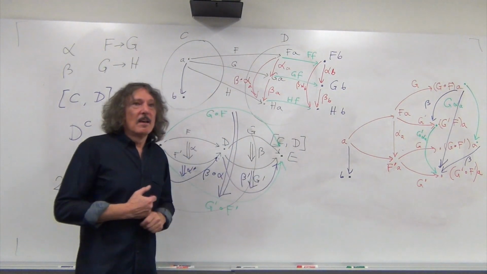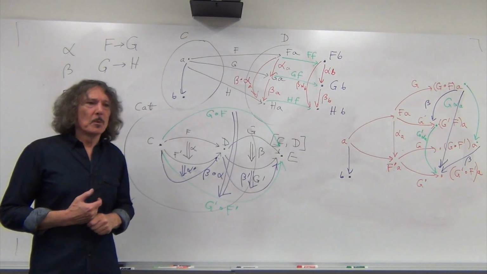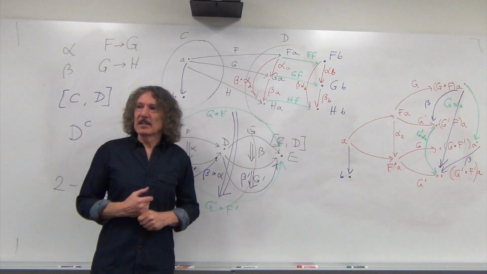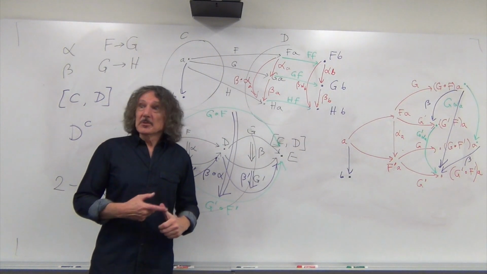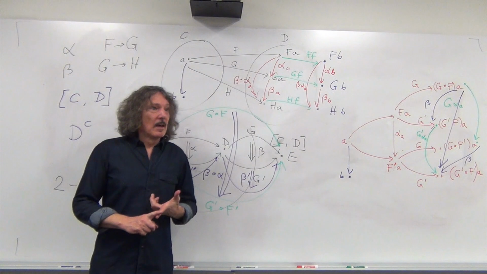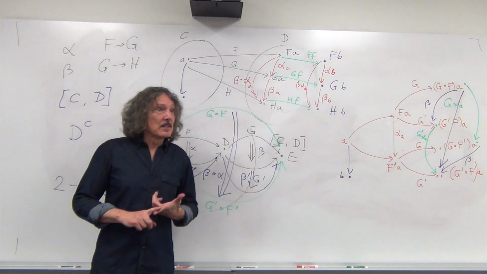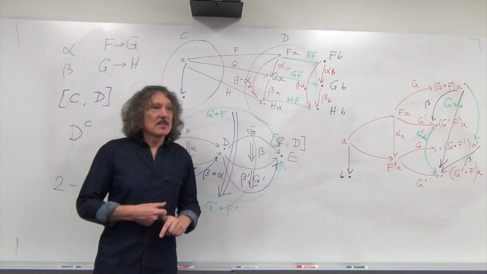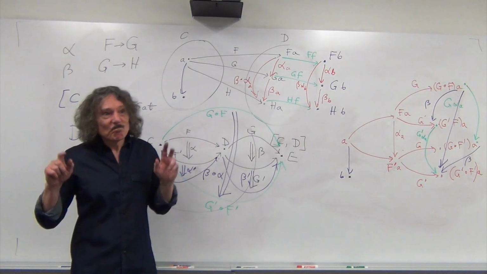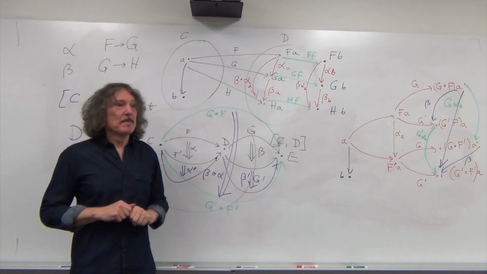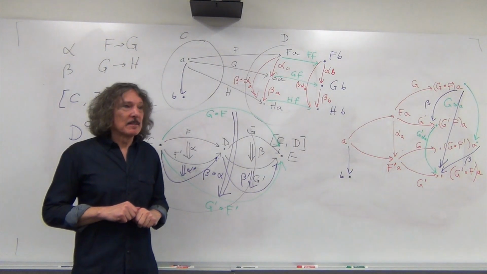But we say, well, what are the basic laws of every category? Associativity and identity, right? What if we say associativity is up to an isomorphism, and so with identity?